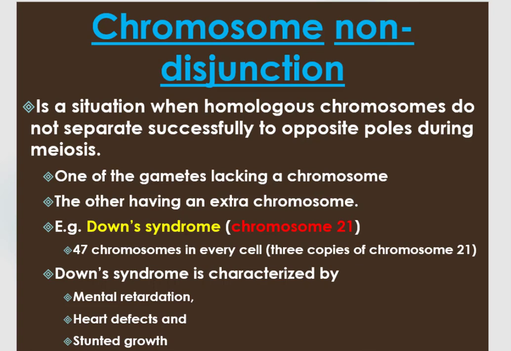If this chromosomal non-disjunction happens on chromosome 21, it results in Down syndrome. A person who has Down syndrome contains 47 chromosomes in each cell. That means each cell contains 3 copies of chromosome 21. Down syndrome is characterized by mental retardation, heart defects, and stunted growth.